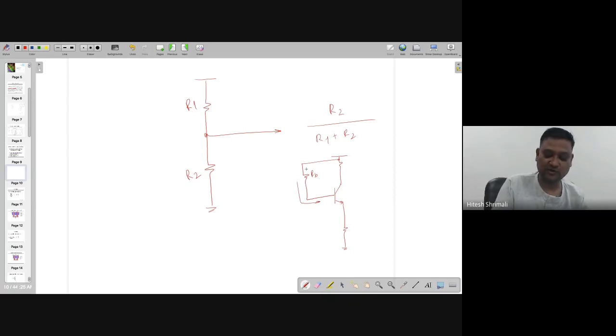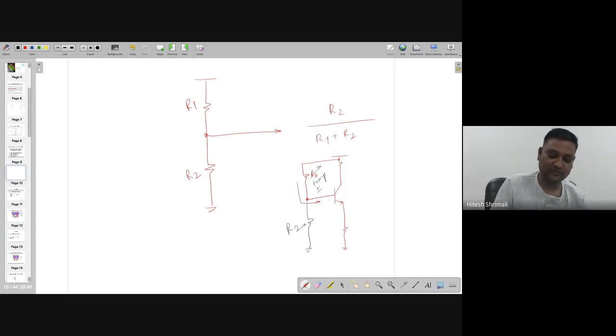But this is not a good way because it's not a ratio. The voltage available here depends on the resistance, which is changing with temperature. So there are some plus or minus variations, which change the current. We don't want that. So we are keeping one more resistance over here so that it's in ratio.